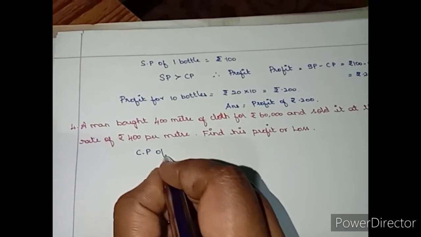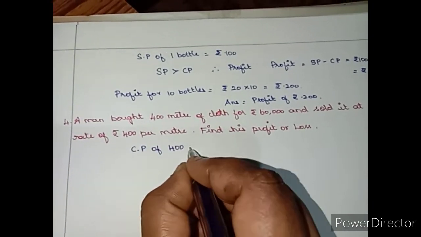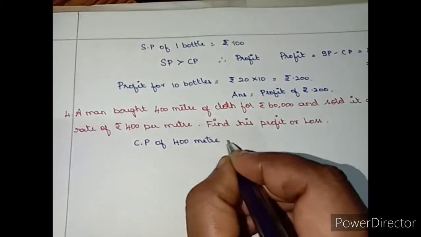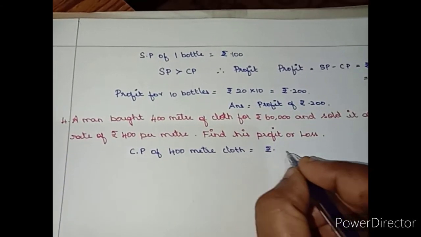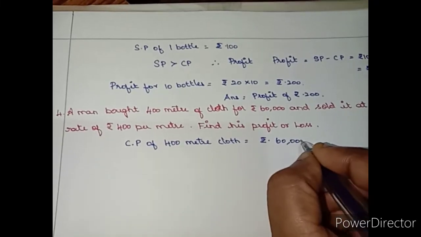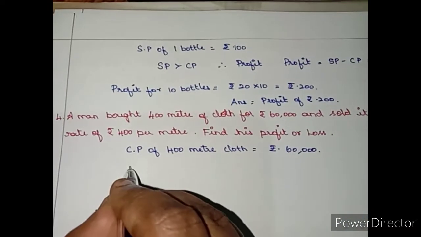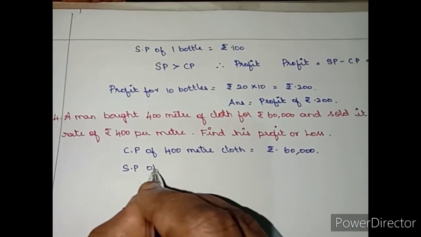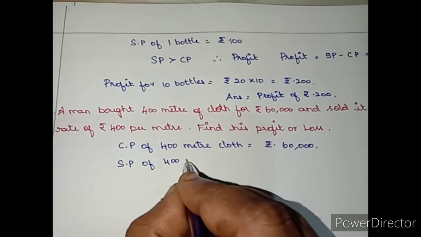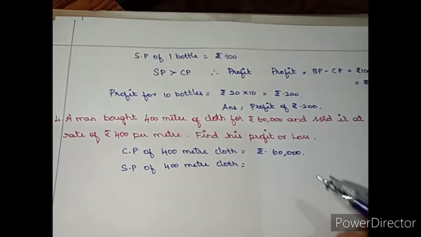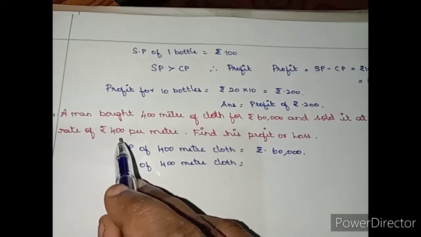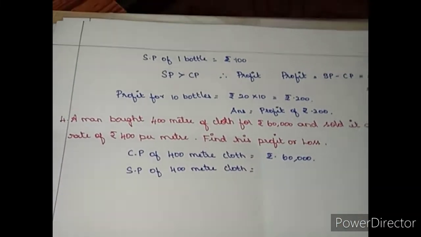Okay. So CP of 400 meters of cloth is rupees 60,000. SP of the same 400 meters of cloth will be, so we know for 1 meter he is charging 400 rupees.